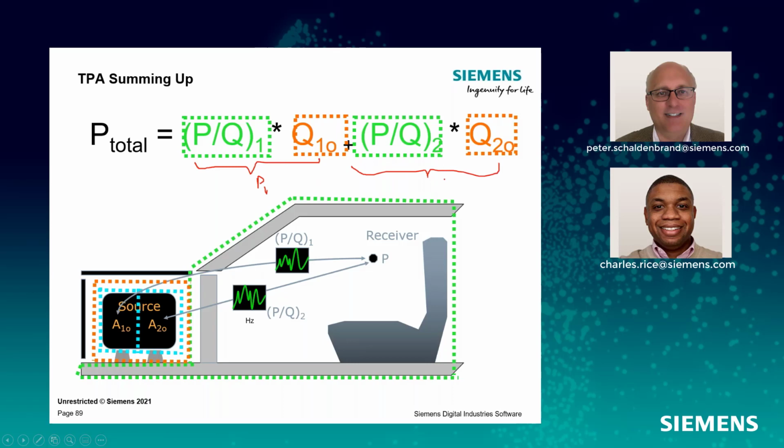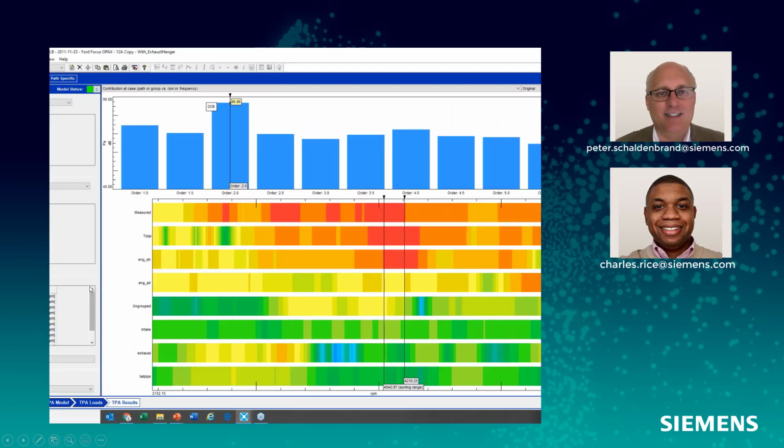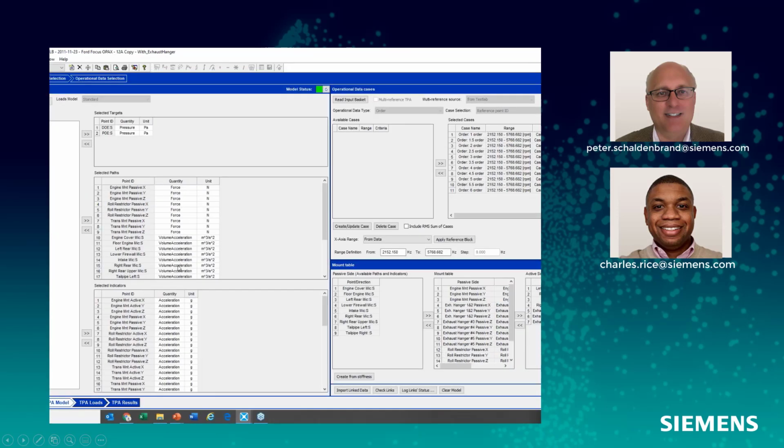Now, I'm showing an example with just airborne, but you'd still do the same for structure-borne if you wanted in the simplified example, and you would have four different things. You'd have some P over Fs times Fs, plus P over Qs times Qs in order to get the total. If you look back here at these paths we were looking at a second ago, I go to the model here.